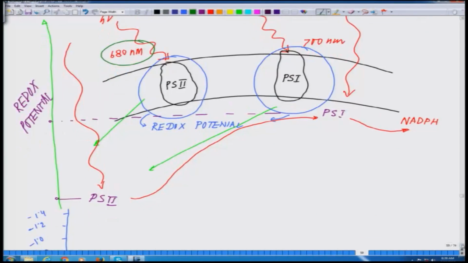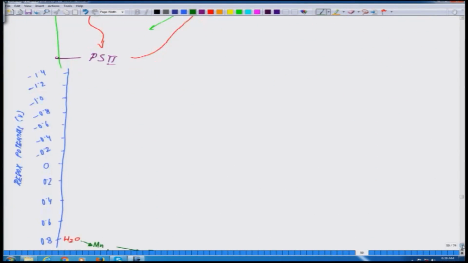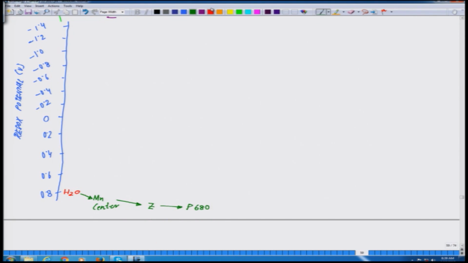So, what is happening here is, coming back, light is falling here. Once the light falls here, a series of electrons are excited, and they are excited almost all the way up to 1, or rather somewhere out here.